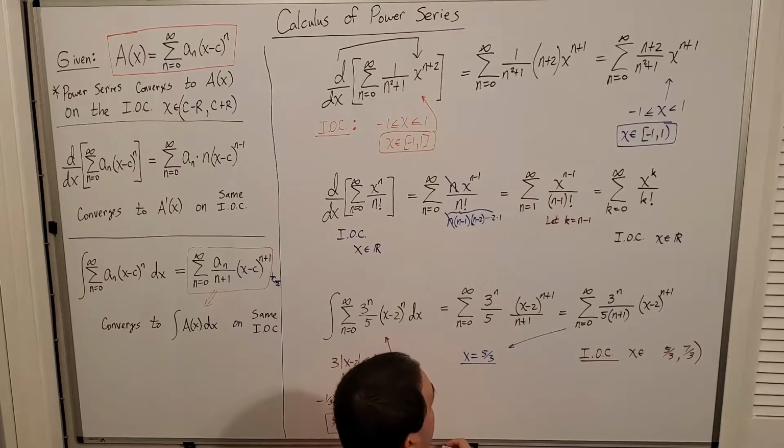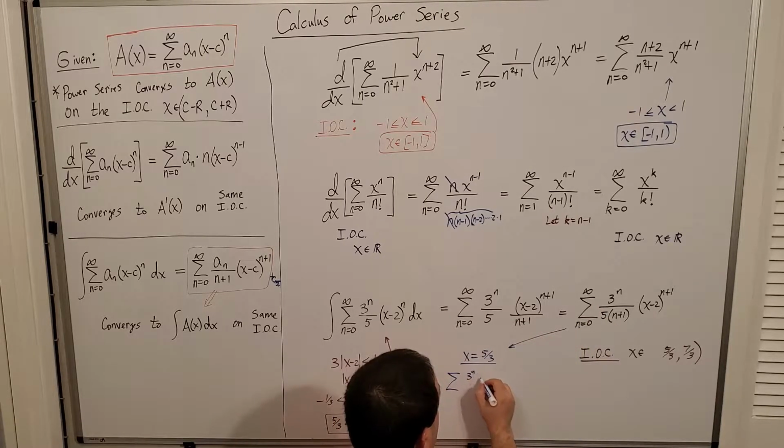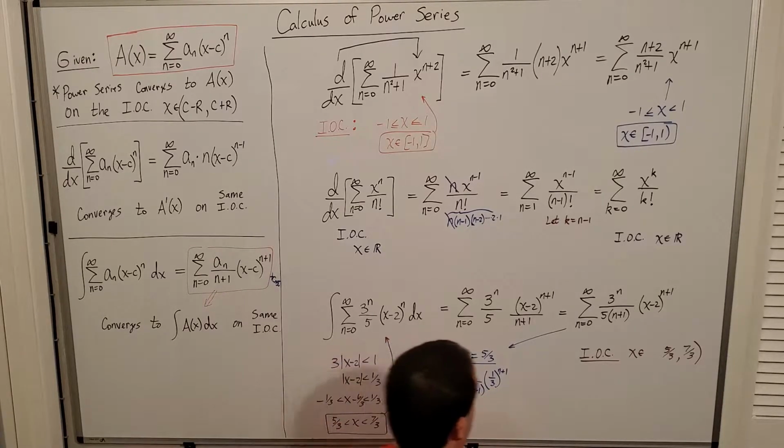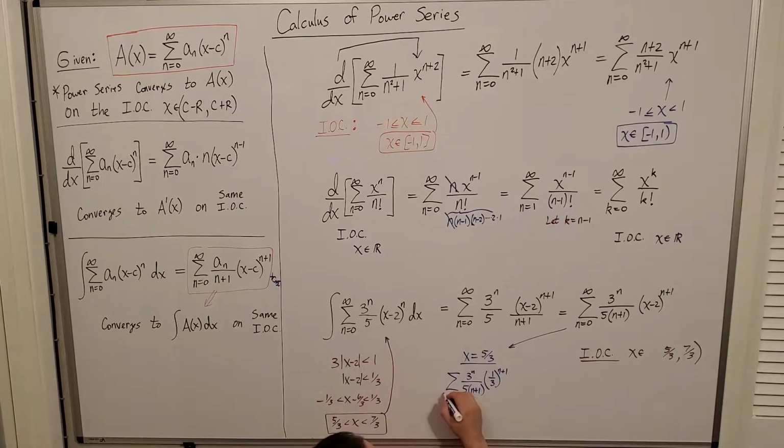When x is 5/3, I get 3 to the n times 1 over 3 to the n plus 1 over 5 times n plus 1, okay, and that's 0 to infinity. Oh, sorry, it should be negative, because 5/3 minus 2 is negative 1/3.